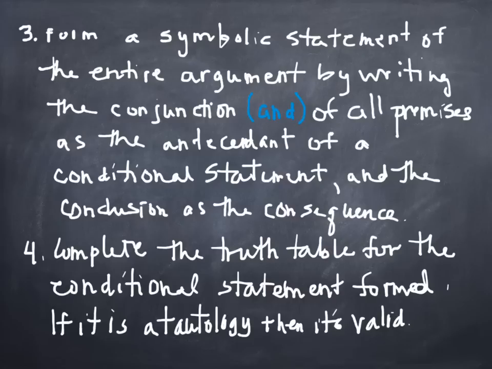Likewise, I don't have enough space to write it, but you can: if it is not a tautology, then it is invalid. Okay? That's what we're going to be looking for. We're looking for tautologies to decide if we have a valid argument.